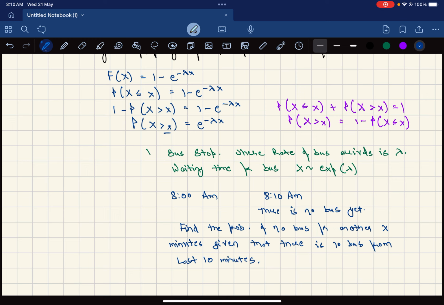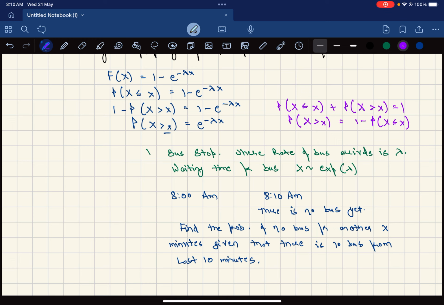Because we already know that there has been no arrival from 8 a.m. to 8:10 a.m., we are already given this condition that there is no arrival in the last 10 minutes. We have to find the probability that there will be no bus in the next x minutes as well.